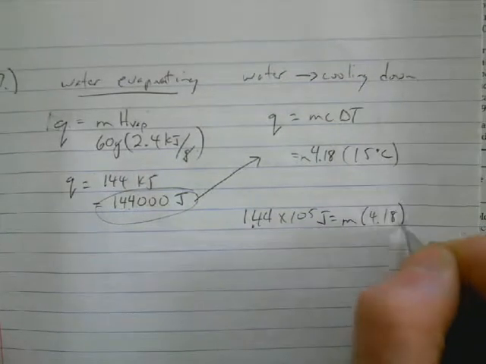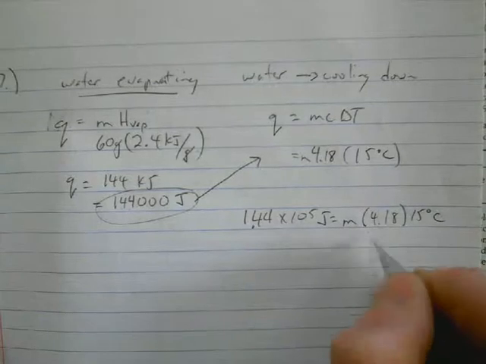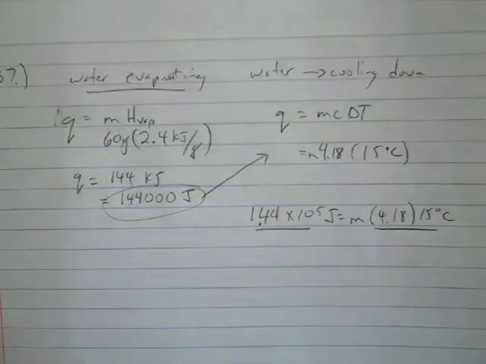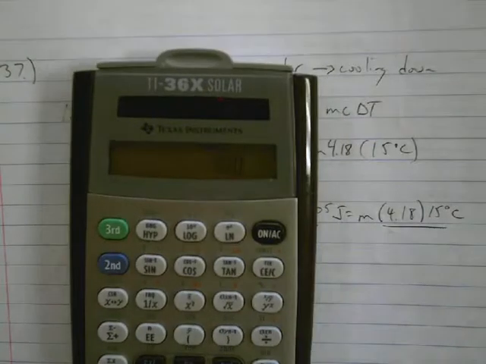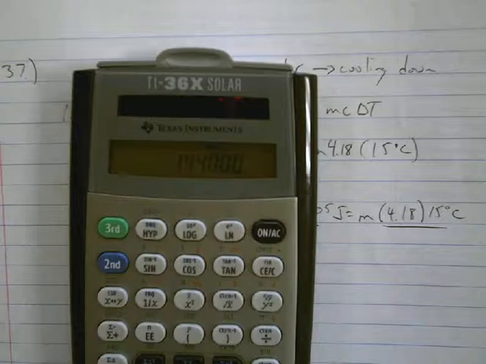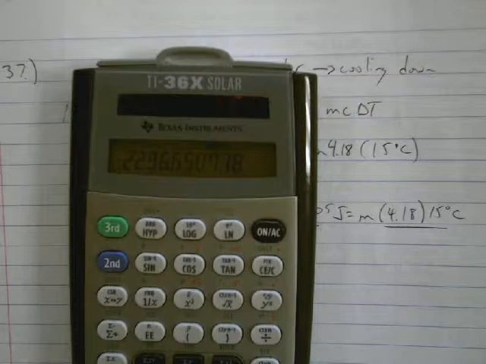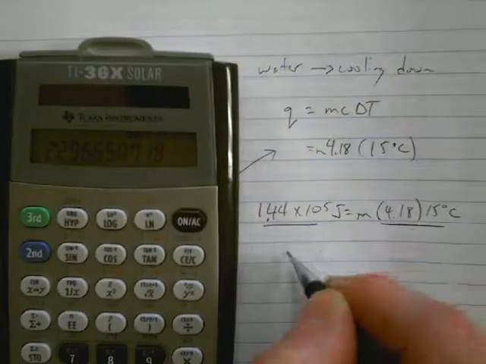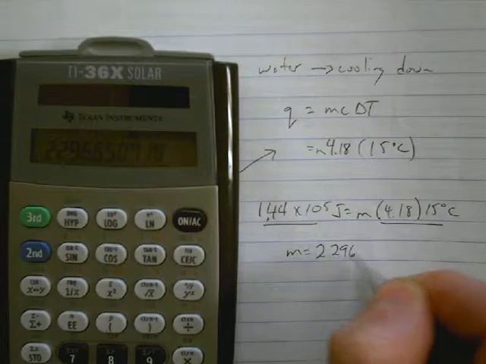Okay, so we're dividing both sides by that, and we get the energy in joules, 1.44 times 10 to the 5th, divided by 4.18, divided by 15, the change in temperature, and voila, we have the mass is equal to 2296.65. What are the units?